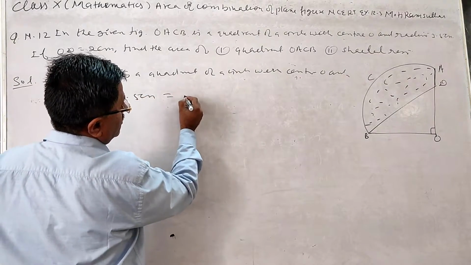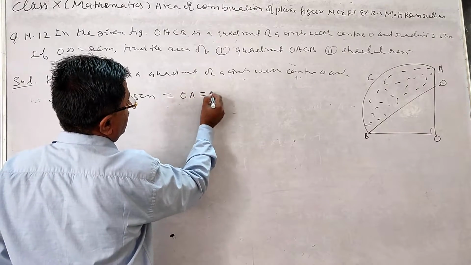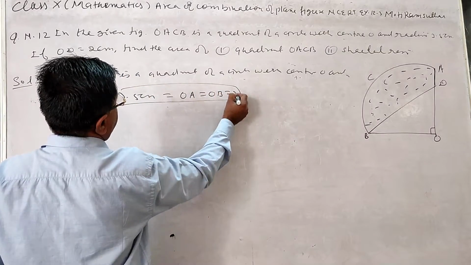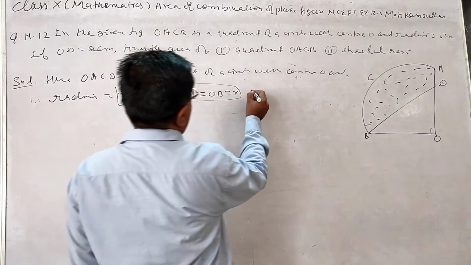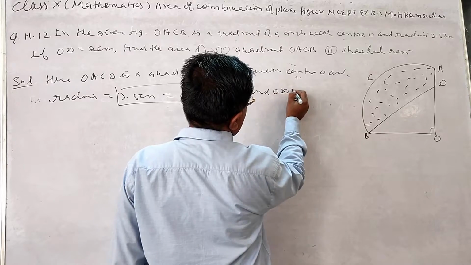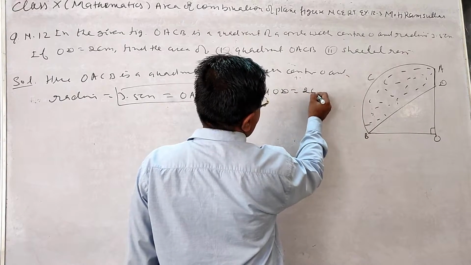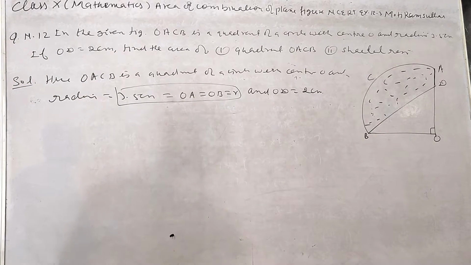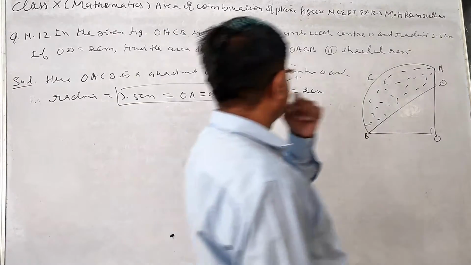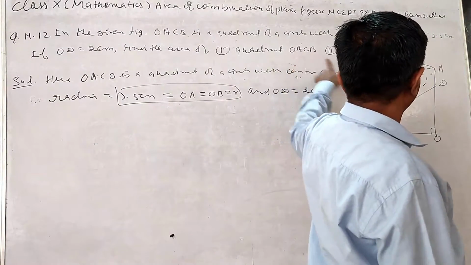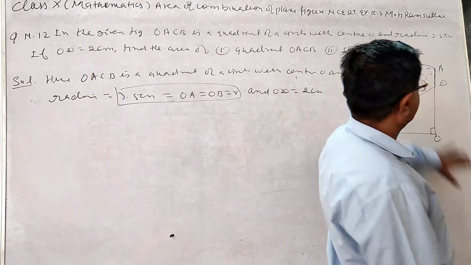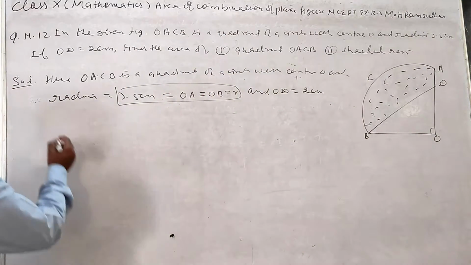That is OA equal to OB, which we are given 3.5 centimeter, and OD is also given 2 centimeter. Yes. Now the question says you have to find the area of the quadrant. So area of the quadrant OACB with this whole area.